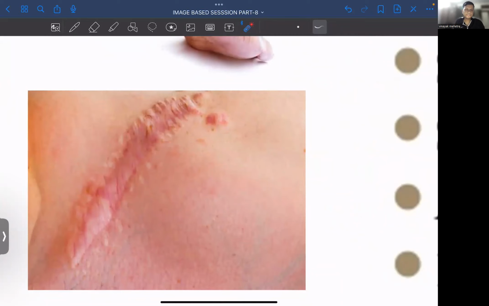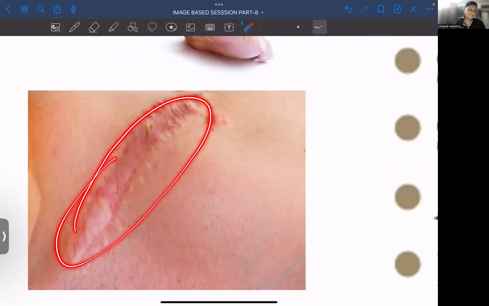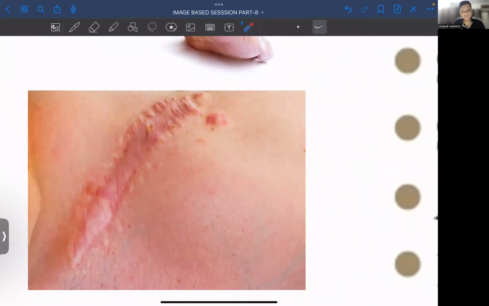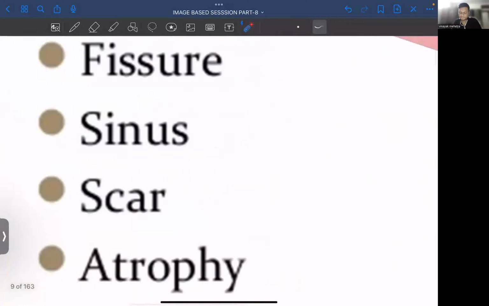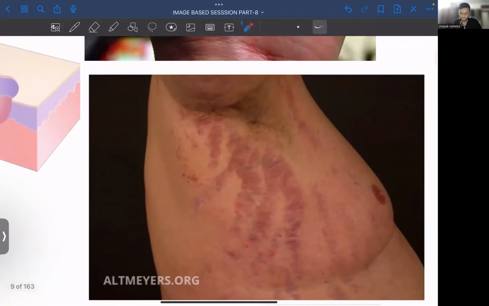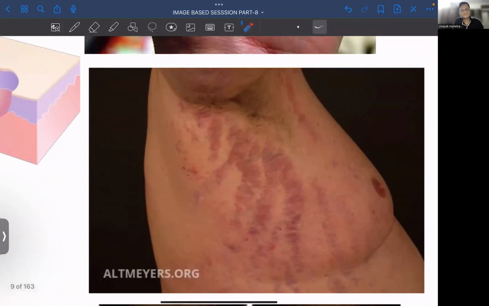What is this? This is called as scarring. This is called as scarring. Yes. What do you think?